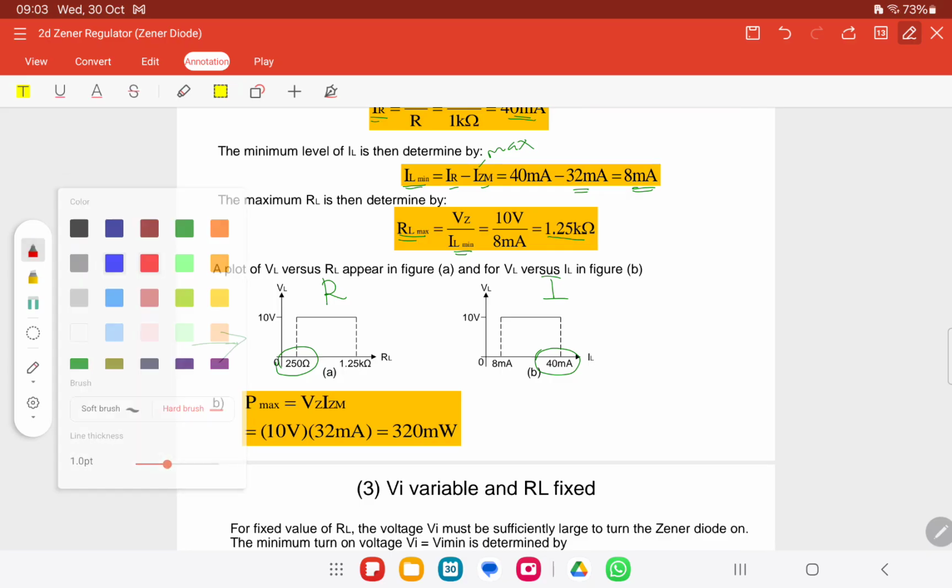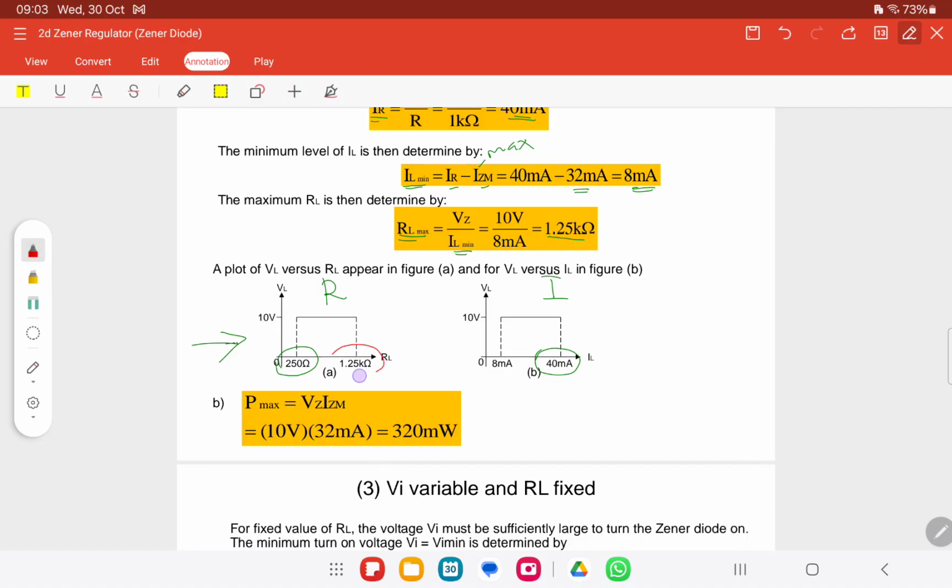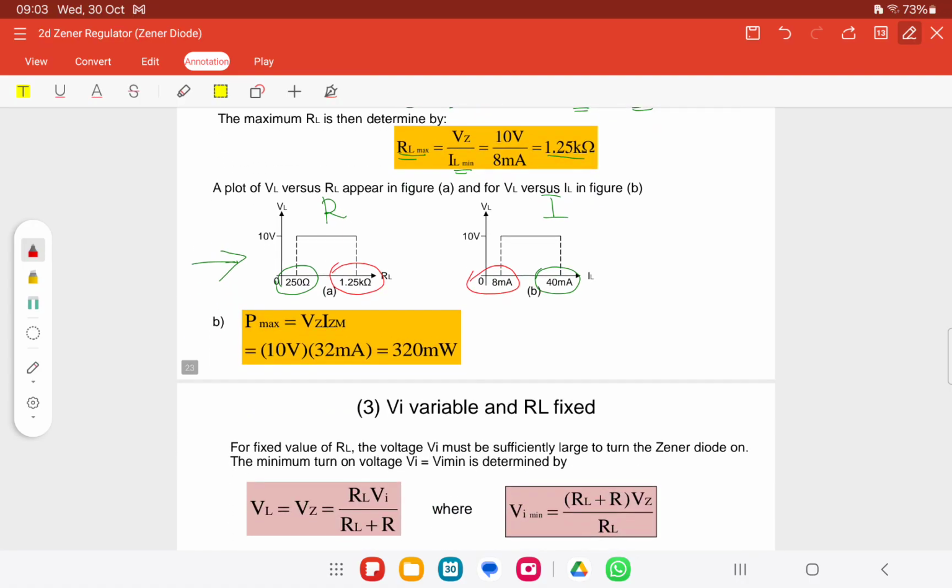Okay, whereas for this maximum resistor value, the current will be minimum. So dia terbalik. Jangan ingat yang 250 dengan 8 mili. So dia one larger value, one smaller value kan. Okay, yang ini biasa je, P equals to V darab dengan IZM. Dia dah given dah, dua-dua value pun given. So yang ini awal-awal pun dah boleh kira juga.